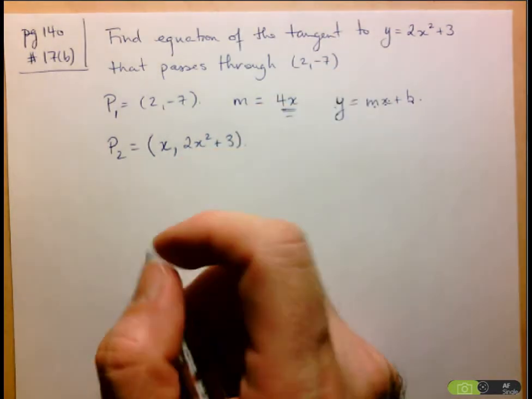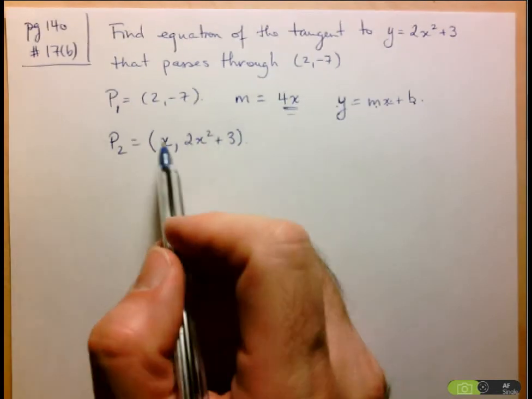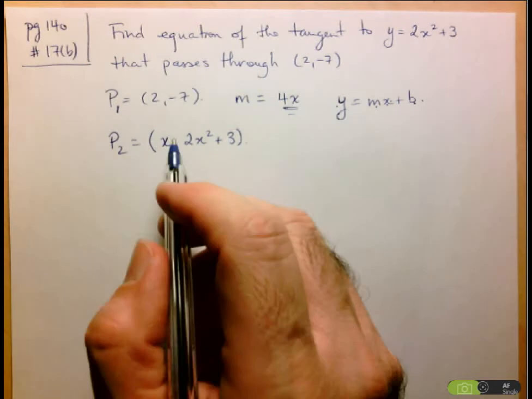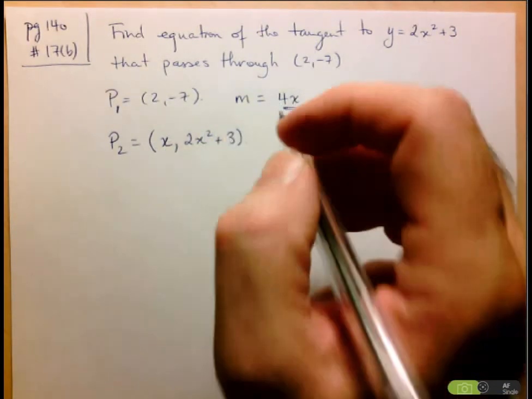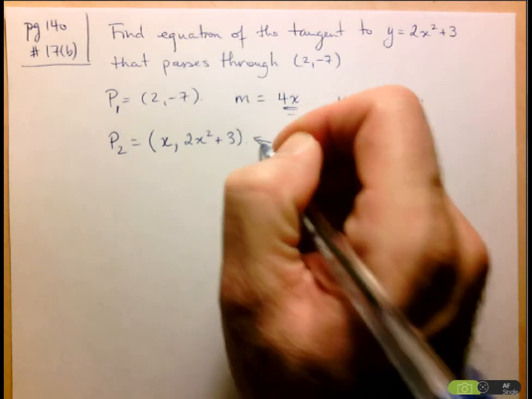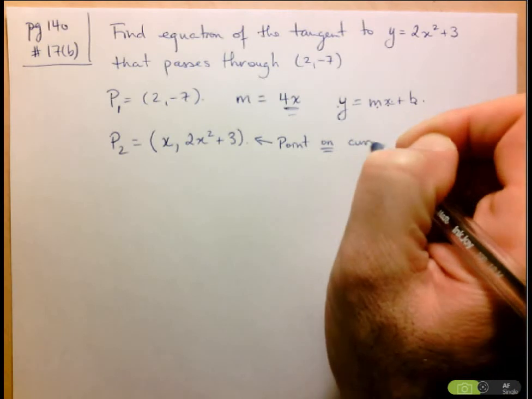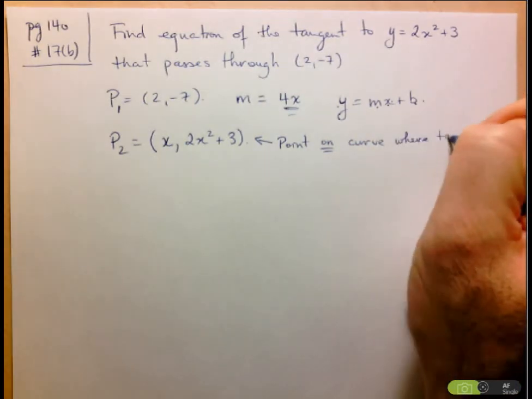So this is the given point that the tangent passes through, and this represents a point on the curve, the point where the tangent meets the curve.